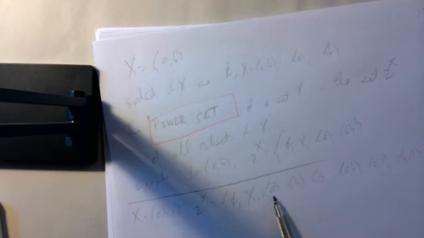The power set has 8 elements, and 8 is 2 cubed.